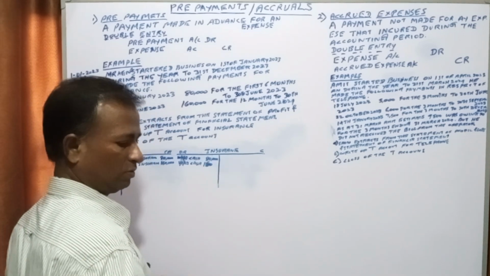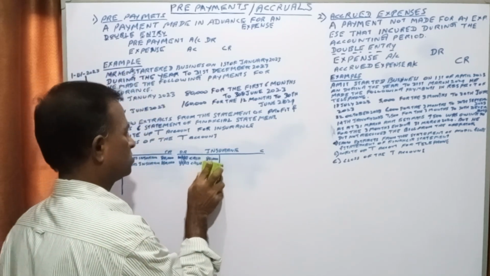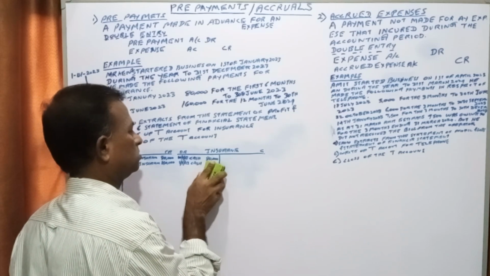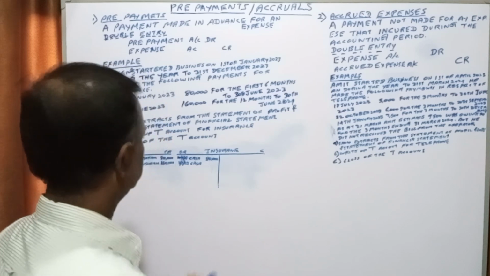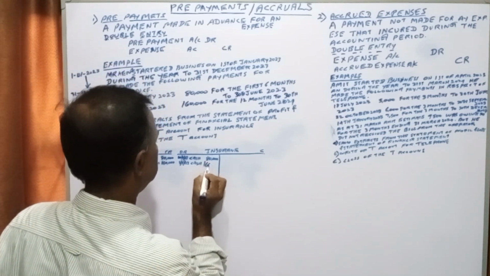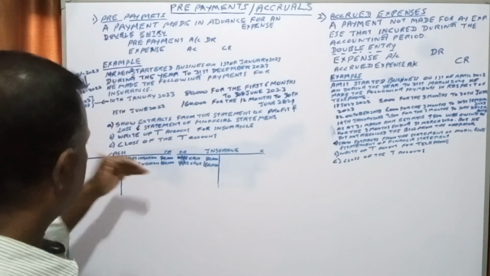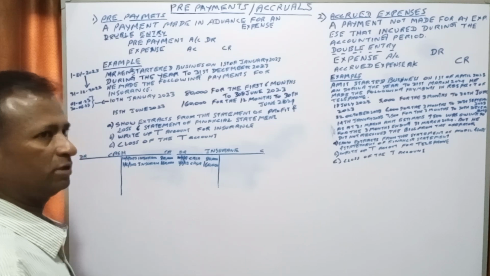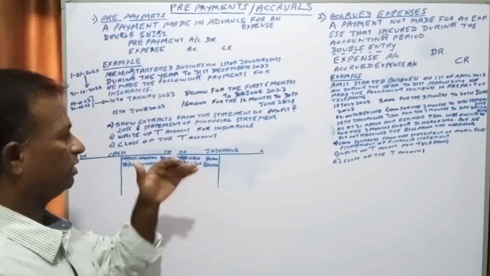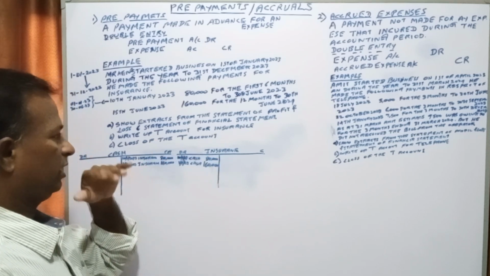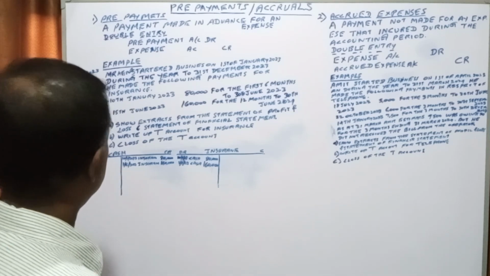Okay. So cash account credited, insurance account debited, because cash is going out. So we are crediting the cash, and insurance is the expense account. We are debiting the expense account, 160,000.